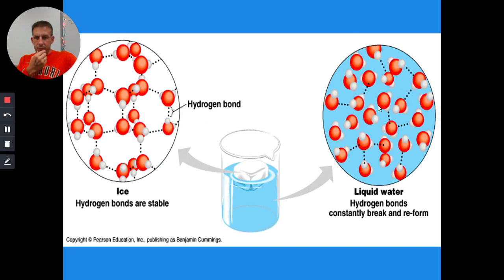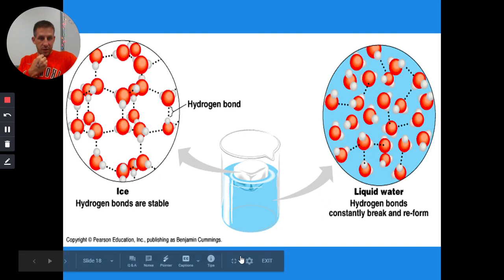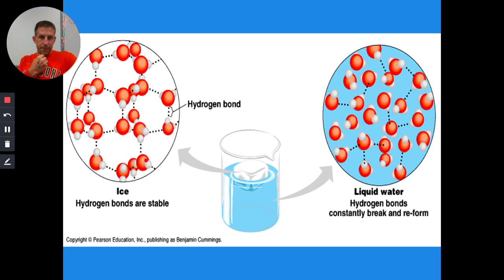Another difference is that there is more space between the water molecules here as compared to what we see in the liquid water. The water molecules over here look much closer together than they do here. And as a result, we get solid water that floats on top of the liquid water.